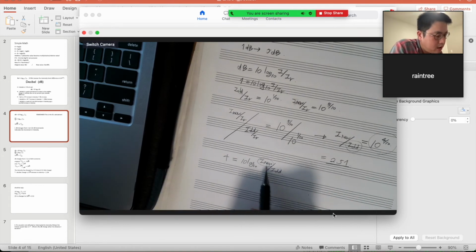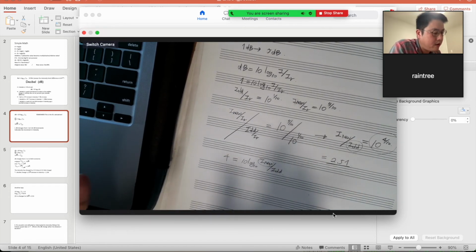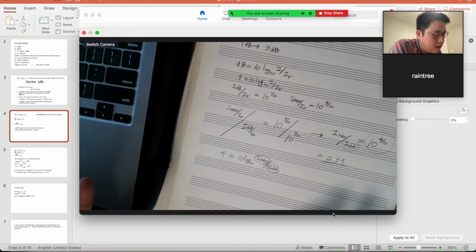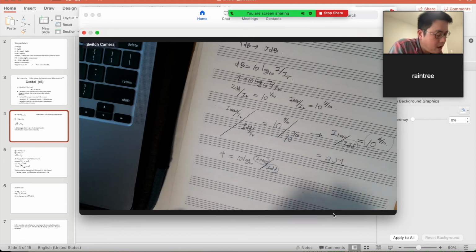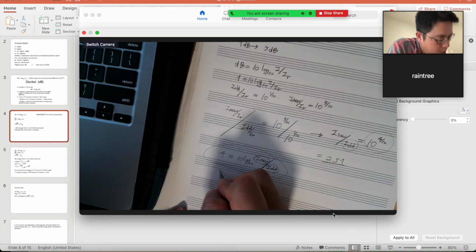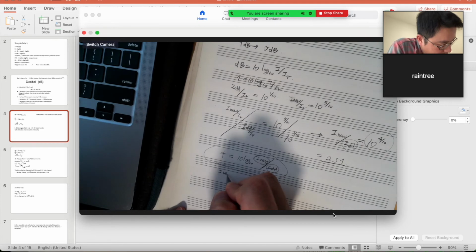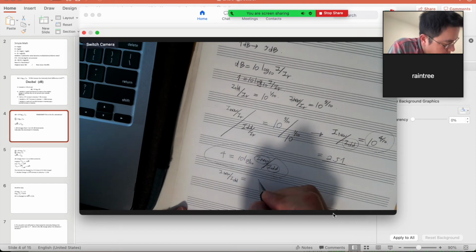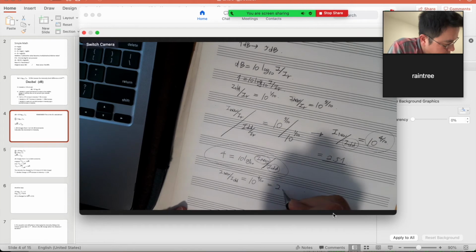So the difference between the new and old sound intensity levels can be calculated by plugging those values into the decibel equation, because it's the definition of the decibel. So we now know that the new sound intensity level over the old sound intensity level is 10 to the 4 over 10, which is 2.51.